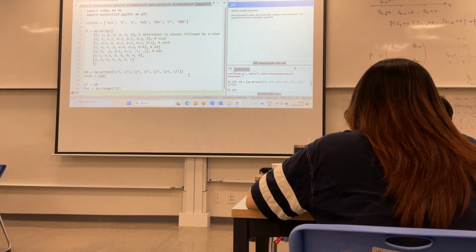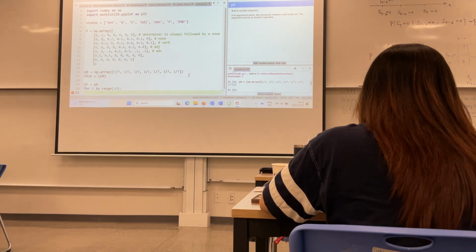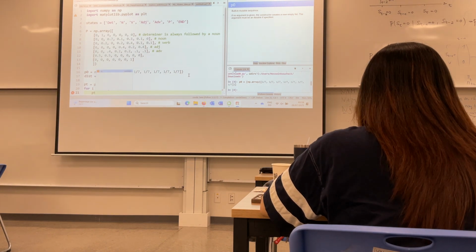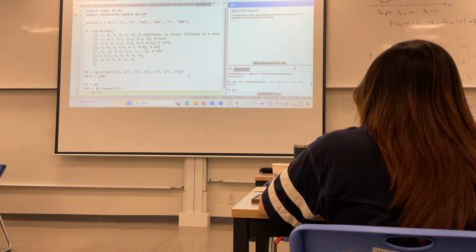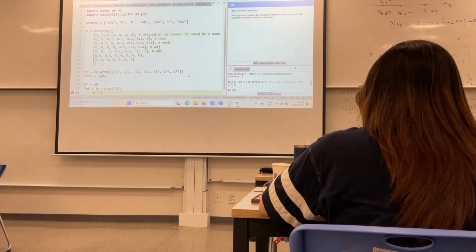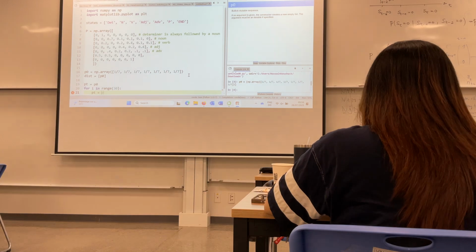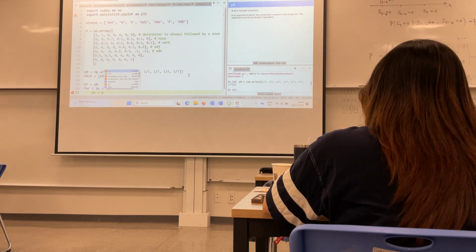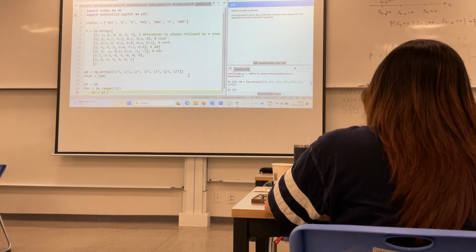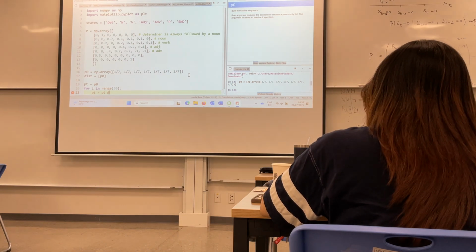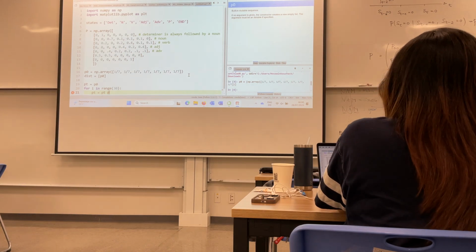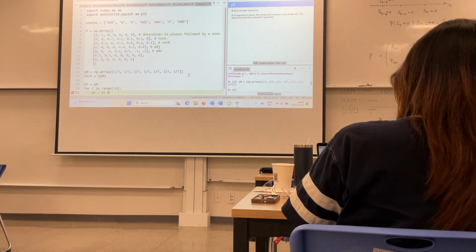Now we can calculate PT for the next period by multiplying itself, PT, by the transition probability.